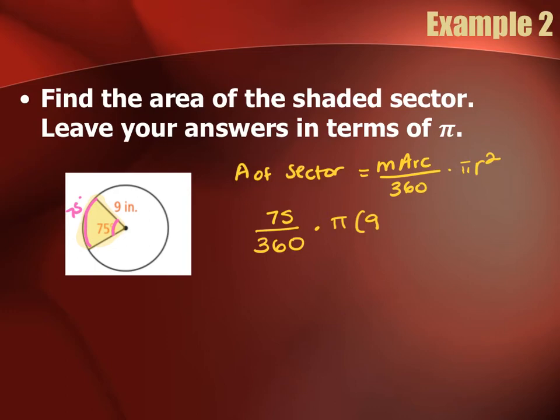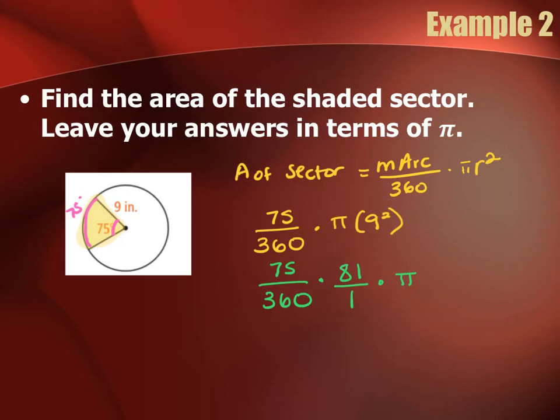Actually, let me put the squared on the inside so we remember we're squaring that 9. So I'm going to write 75 over 360 times 81 over 1 times pi. Push the pi all the way to the end. Now 75 doesn't go evenly into 360, so it's kind of how you choose to do this. You can reduce them, right? They're both divisible by 5.